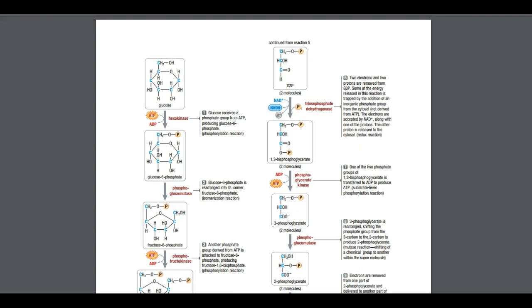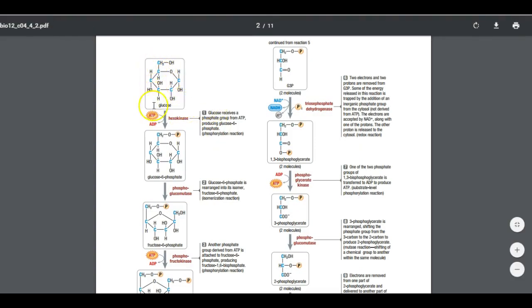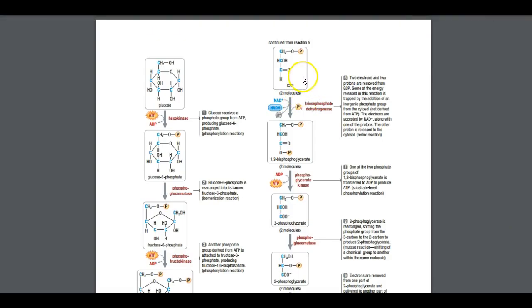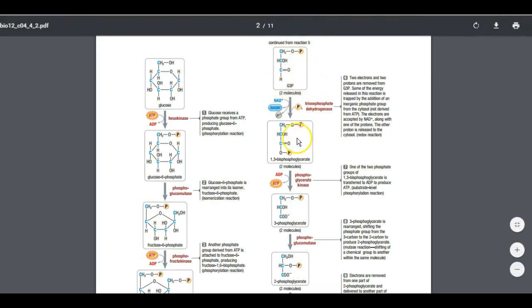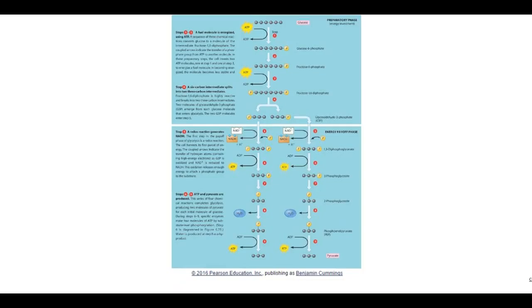In this textbook, it starts up here at step 1, and then instead of going on the next page, it just goes up. It says continue from reaction 5, and we go on and on. It doesn't show a fork in the road, but I want you to remember that every time it says 2 molecules underneath, that's where the fork in the road has happened, and this whole process, step 5 to 10, is happening twice.